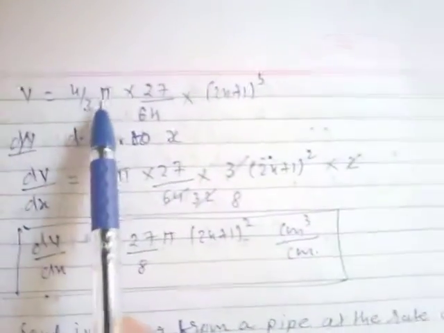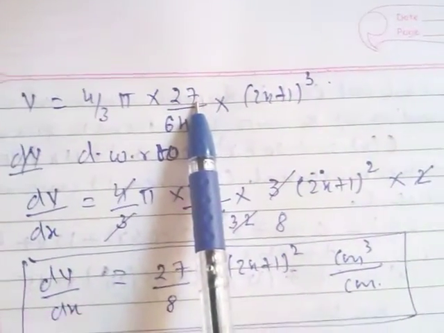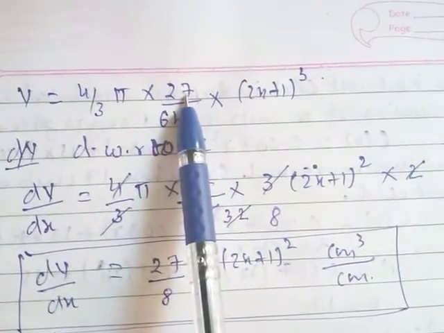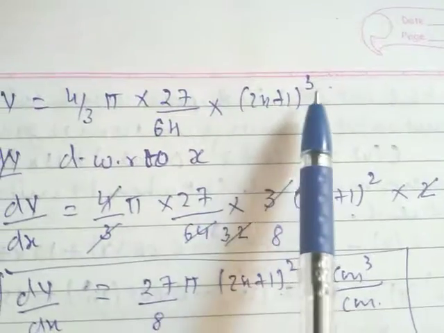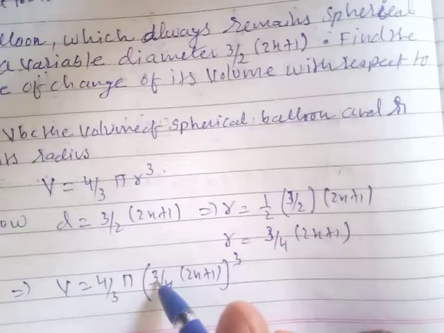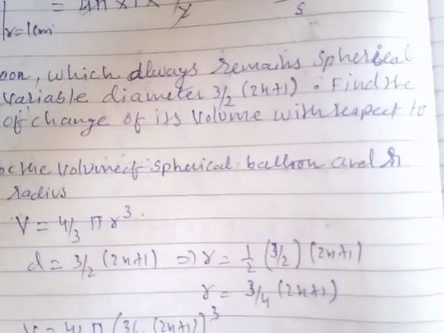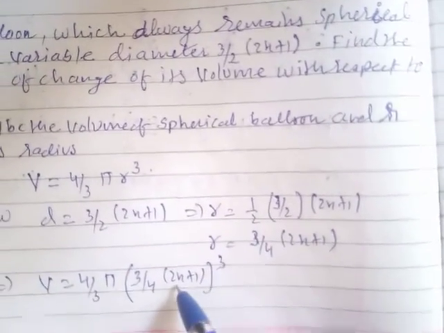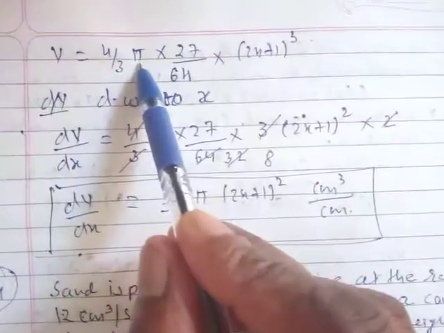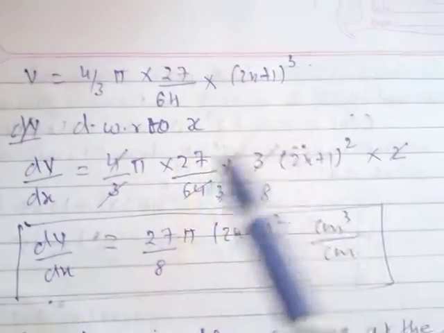This 4 by 3 pi is constant. If you open the bracket, the cube of 3 by 4 is inside, so the cube of 3 will be 27 and the cube of 4 will be 64, and all this is constant. So we only have to take the derivative of (2x plus 1) cube. So V is equal to 4 by 3 pi constant times 27 by 64 times (2x plus 1) cube. Now we can take the derivative.